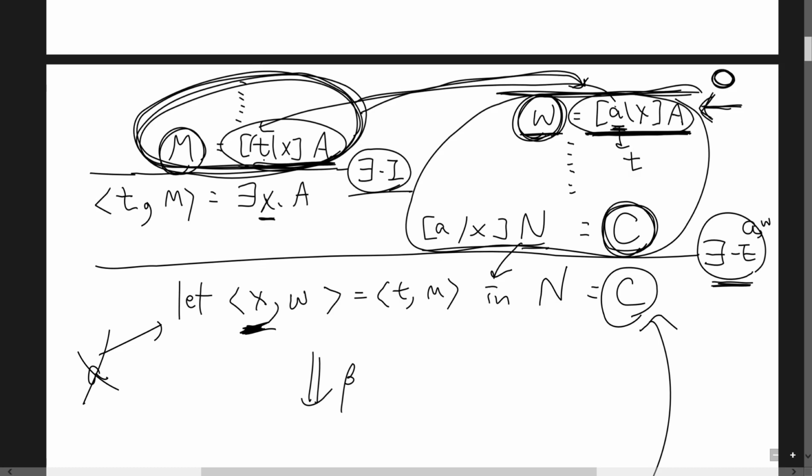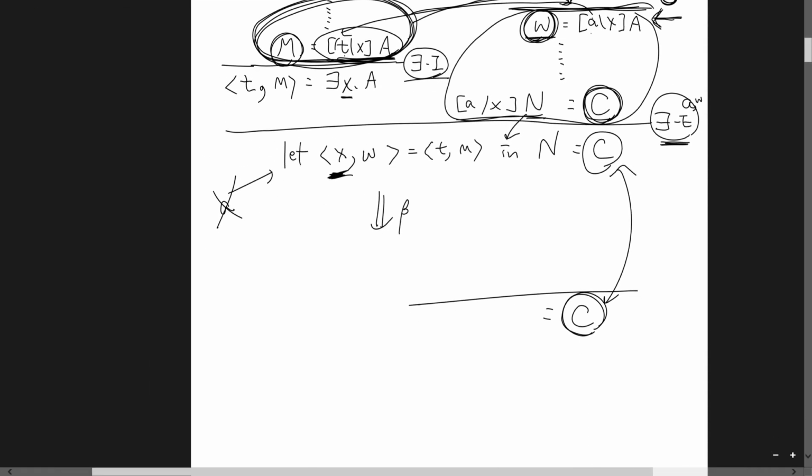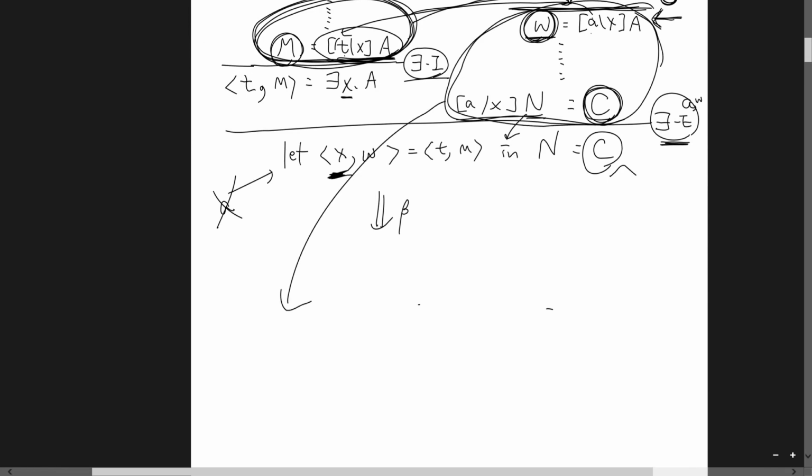So the plan now is I'm going to make a copy of this one over here. Okay, so we have a copy. A for X and C, W, A for X, A. So I have just made a copy over here.